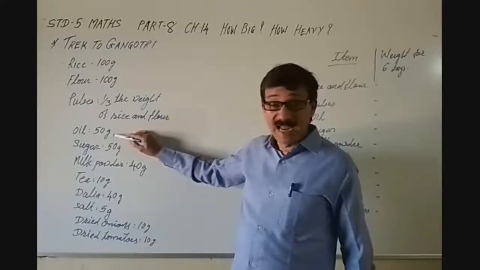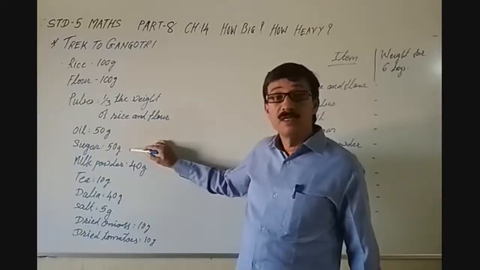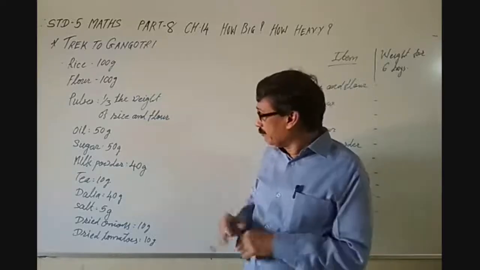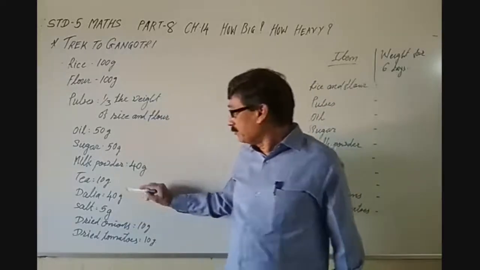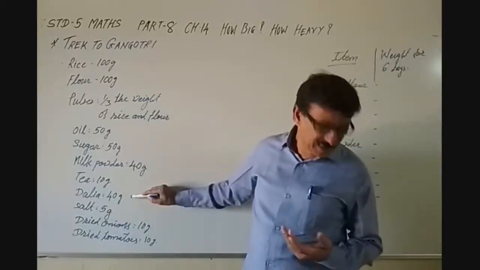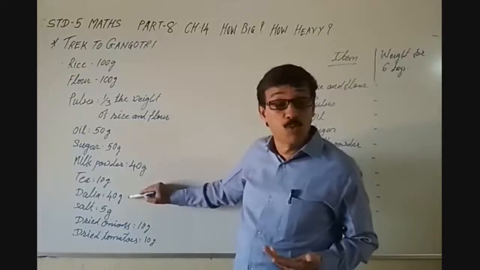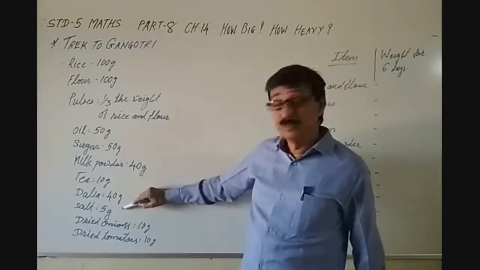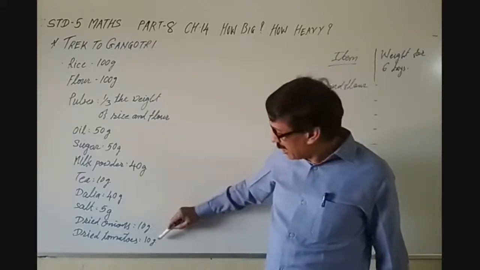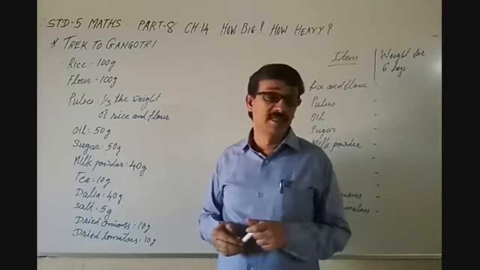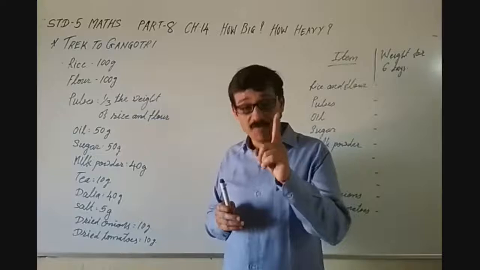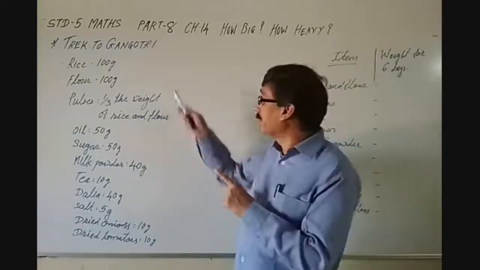Oil 50 gram, sugar 50 gram, milk powder 40 gram, tea 10 gram, dalia for their breakfast 40 gram, salt 5 gram, dried onions 10 gram, and dried tomatoes also 10 gram. So this is what they will require for 1 day.